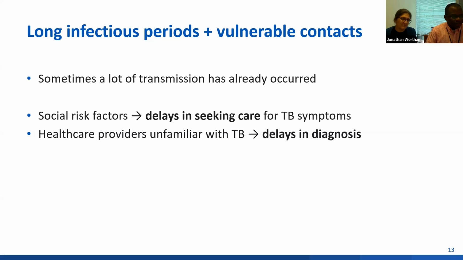But basically, those long infectious periods have a couple of different threads. One of those is social risk factors, and so delays in seeking care for TB symptoms. Sometimes patients don't have access to medical care. Sometimes there are disincentives.